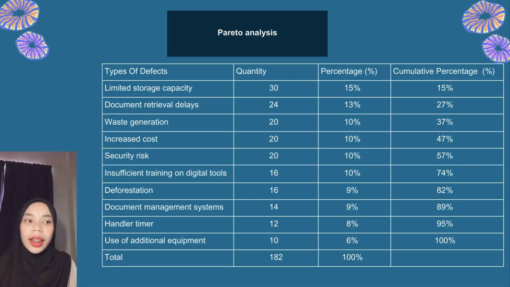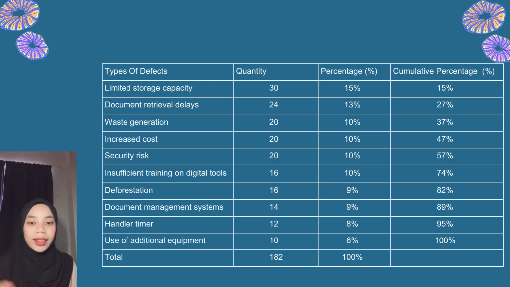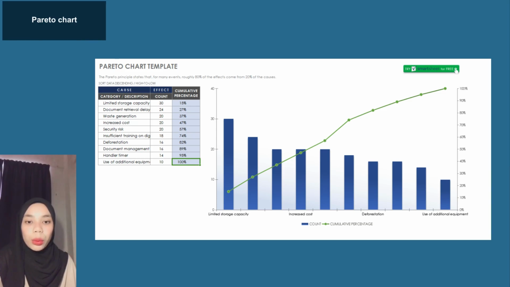Furthermore, the second and third top causes were document retrieval delays, 24 and 13%, and waste generation, 20 and 10%. From the table analysis, we can draw a Pareto chart.